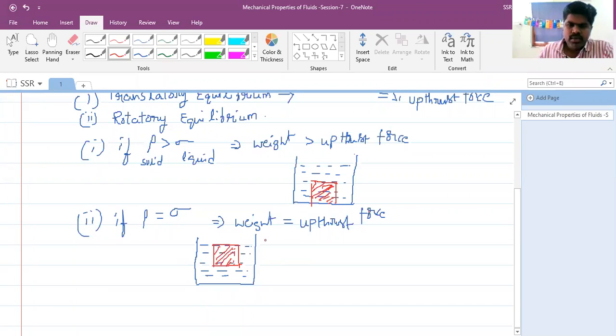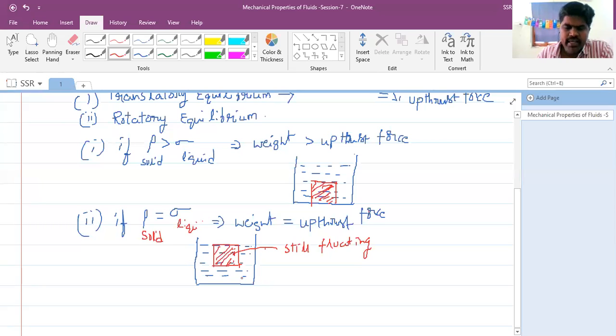If rho is equal to sigma, weight is equal to upthrust force, and the total volume will be immersed and it is still floating. Are you able to follow, my dear students? Second case, if rho is equal to sigma, the density of the solid is equal to the density of the liquid, then it is completely immersed and it is floating.